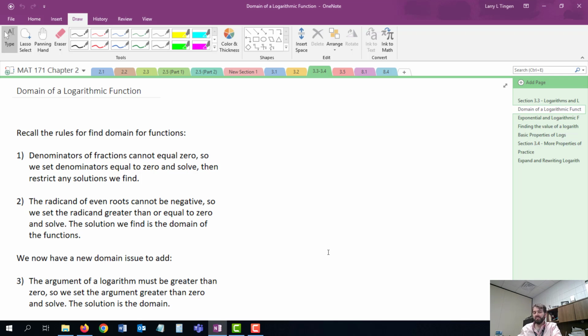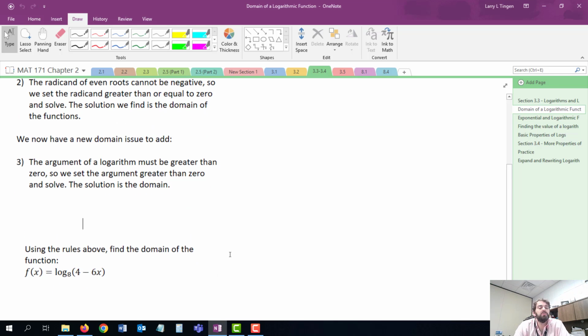What we're adding is that the argument of a logarithm must be greater than 0. What's inside the parentheses, that's the argument. So let me give you log of x minus 3, plus 7.